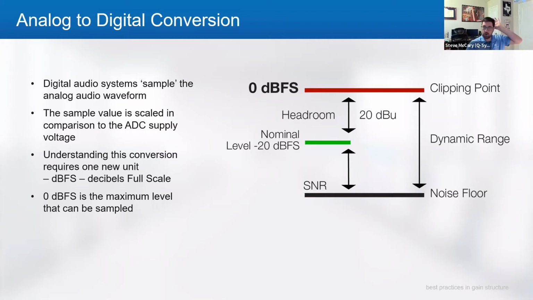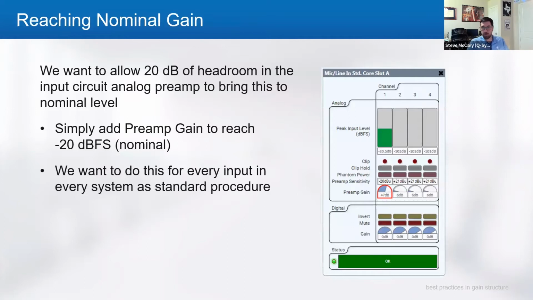And since we have already decided that we want to try to give ourselves 20 dB of headroom, our new nominal level when we start to set our target levels is -20 dBFS. All right. So when we are trying to reach our nominal gain, we want to give ourselves that 20 dB of headroom on the input circuitry.